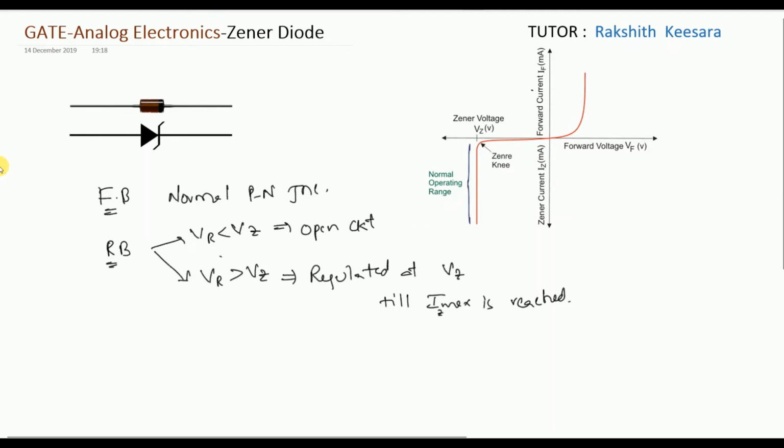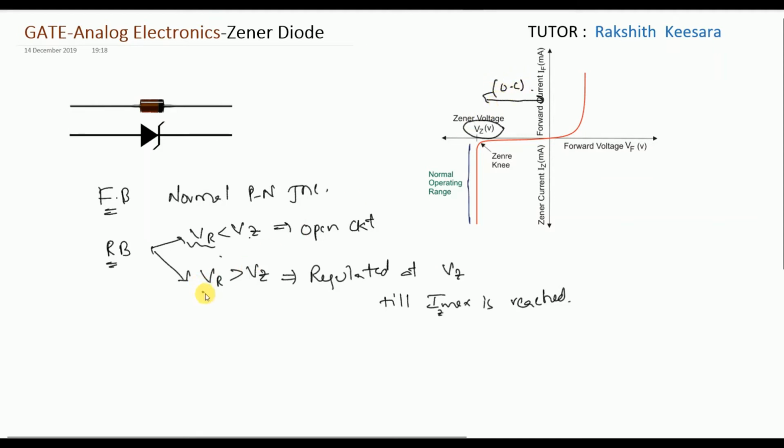When a Zener diode is in forward bias, it will act as a normal PN junction diode. But when a Zener diode is in reverse bias, there will be two cases. If the reverse bias voltage across the Zener is less than Vz. What is Vz? Zener voltage, also called breakdown voltage. So VR less than Vz means it acts as an open circuit.